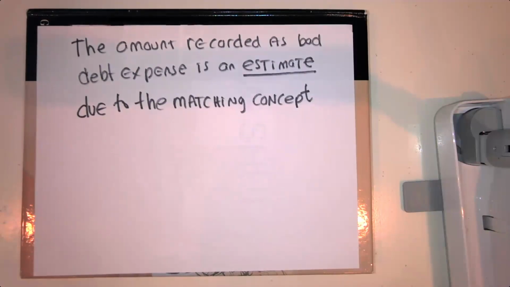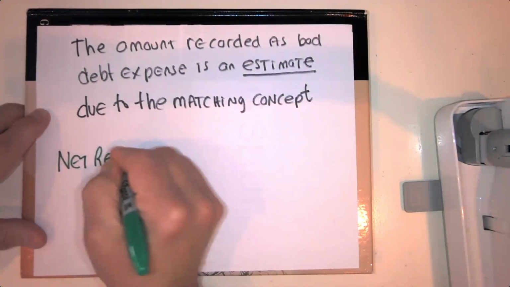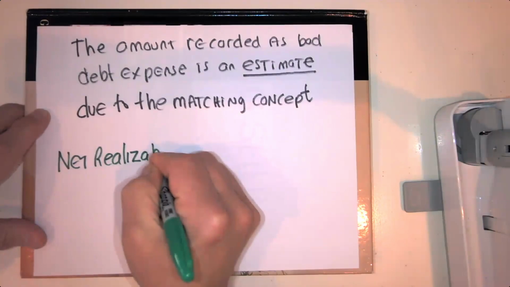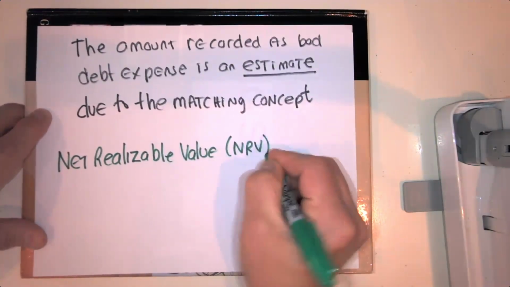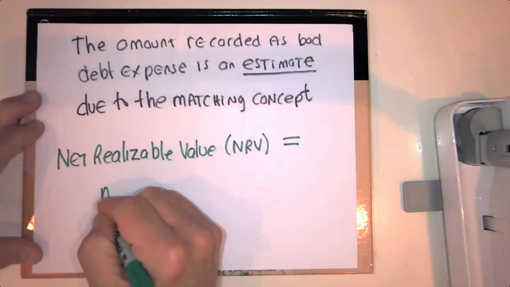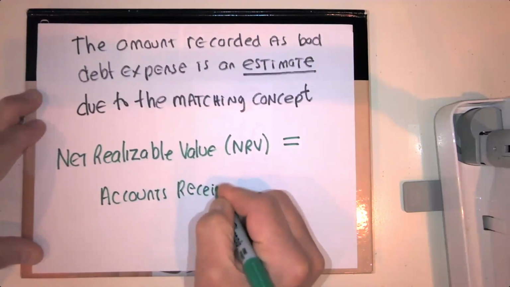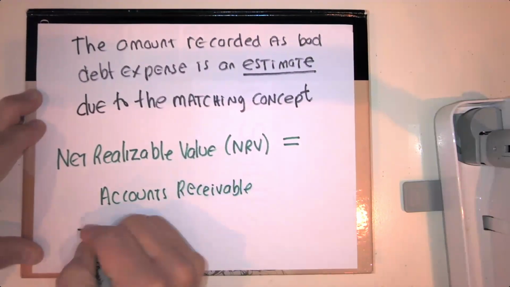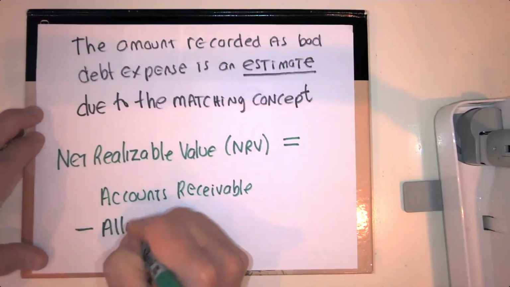The first thing is something called your net realizable value, or NRV. Your net realizable value is calculated by taking your asset, that would be the accounts receivable, and subtracting the contra asset, the allowance for doubtful accounts.